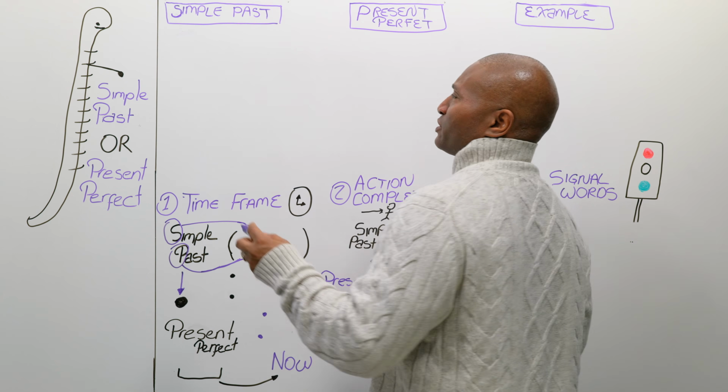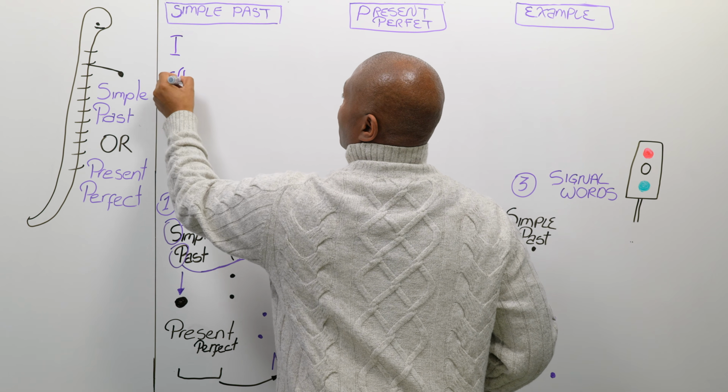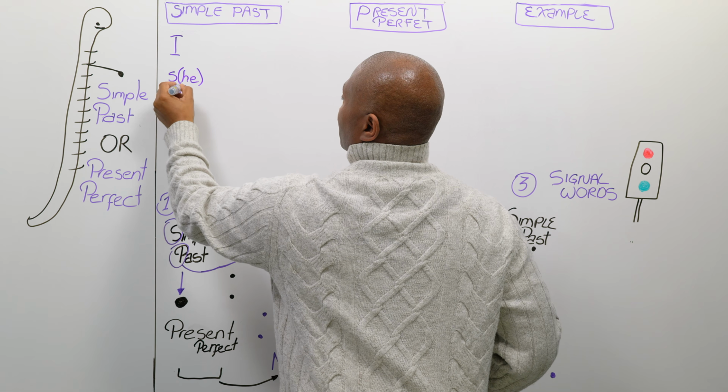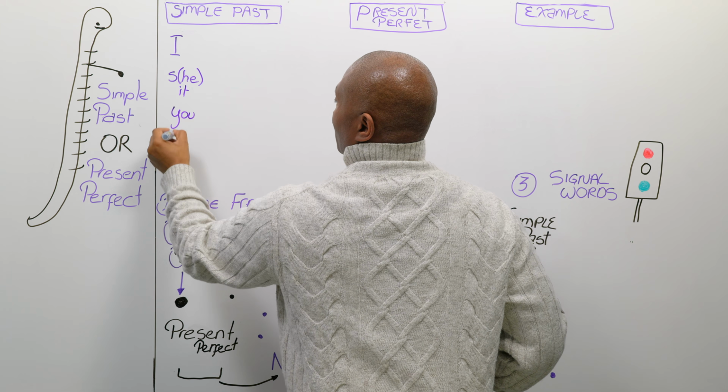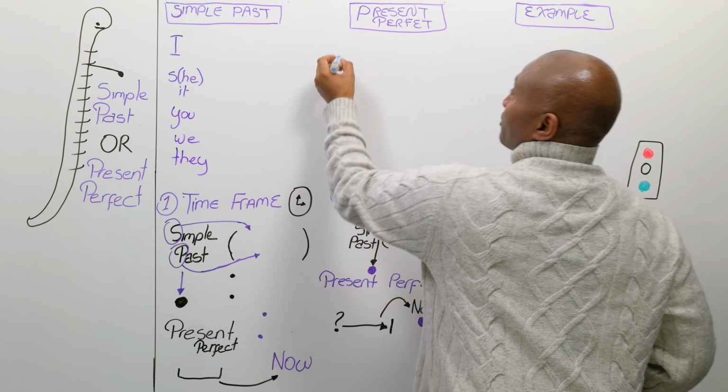First thing we want to look at is the simple past. Okay? So we got I, she, he, it, you, we, and they. I'll put that over here.